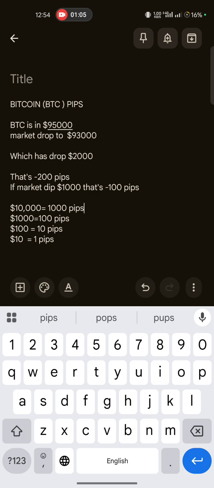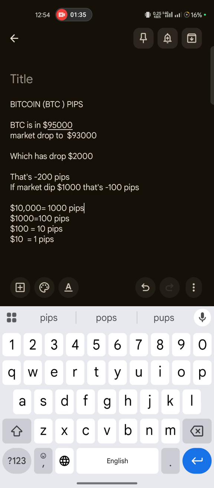BTC pips is the easiest pair to calculate the pips. All you have to do is remove a zero from that 2,000, then it will remain 200, which means Bitcoin dropped 200 pips. I don't know if you guys understand me.